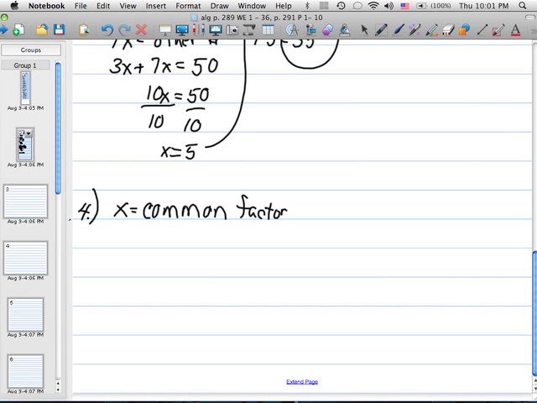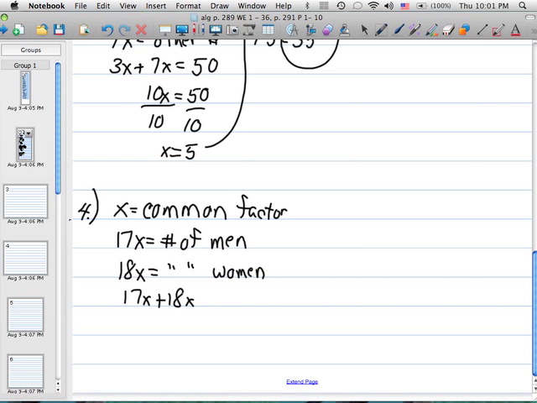So 17x equals the number of men, and 18x equals the number of women. So together, 17x plus 18x has to equal the survey of 700 voters. So that's 35x equals 700.